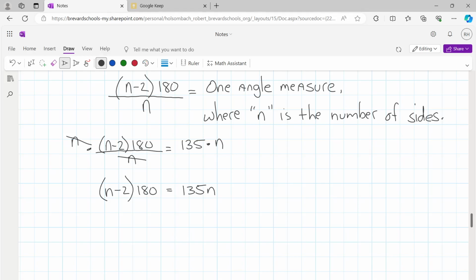The next thing we're going to do is the distributive property. On the left side, we're going to take the 180 times the n, and we get 180n minus 180 times 2, which is 360. And that's still equal to this 135n. So I'm going to subtract 180n from each side.